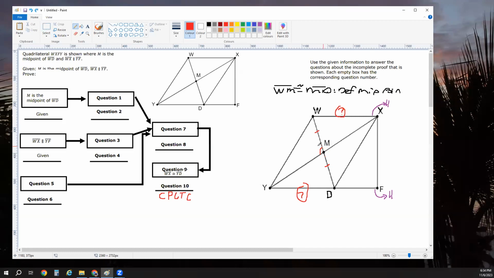I'm going to make these a different color just to say that they're different. This set of vertical angles, I'm using this as red, and this is going to be blue. And these vertical angles are a different color. Okay.